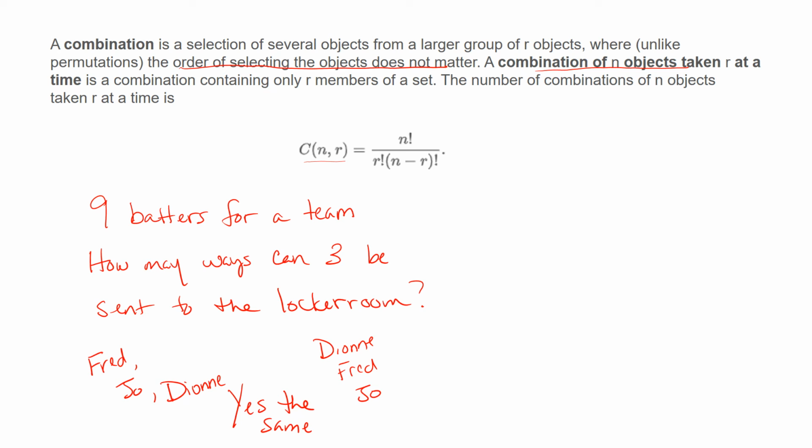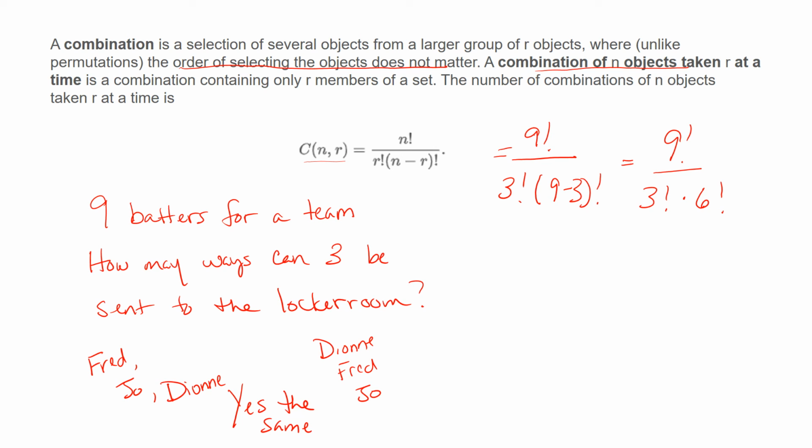Okay. If I were to put these numbers in here, in this case it would be n factorial over 3 factorial, that's how many I'm choosing, times 9 minus 3 factorial, which is 9 factorial over 3 factorial times 6 factorial.